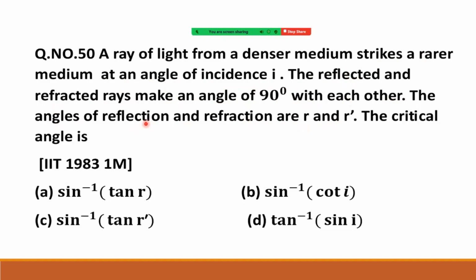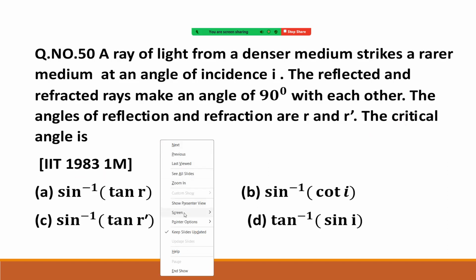So reflection r, refraction r dash. Okay. The critical angle is, okay. So conditions are given. So here what we have to keep in mind, angle of reflection is r, refraction is r dash. Okay. Given for 1 mark in 1983. Let us see how to start it.